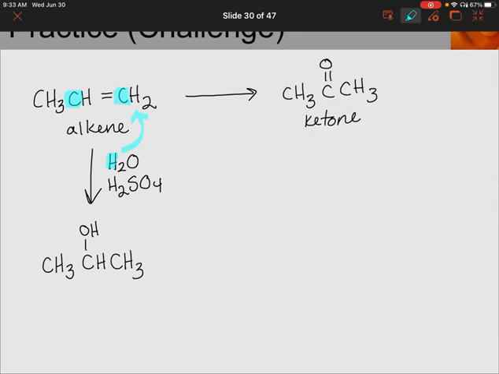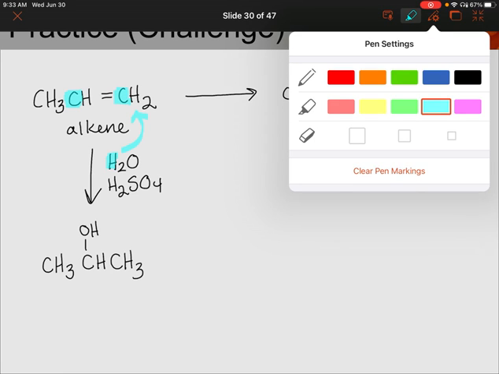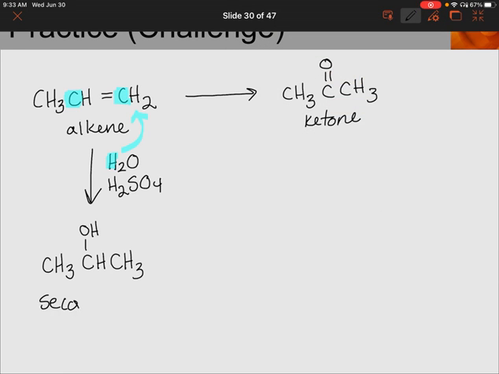So again, Markovnikov's rule tells us that the hydrogen always adds to the side with more hydrogens. So that means our OH group will add to the side with less hydrogens. Okay, so now we have our secondary alcohol. And we know that that will make a ketone.